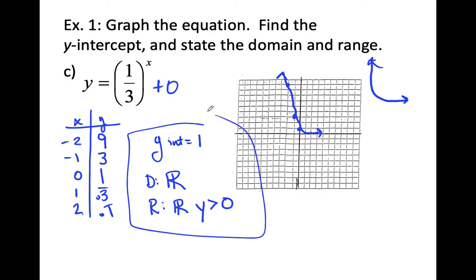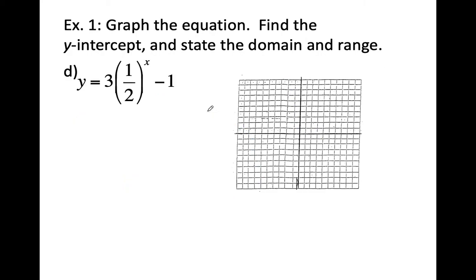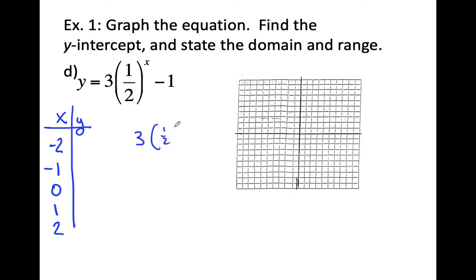All right, we're going to look at one that's a little bit more complex. So here's letter D. We've got a bigger equation here. Again, we're going to do our t-chart. Starting with -2: 3 times (1/2) to the -2, minus 1.